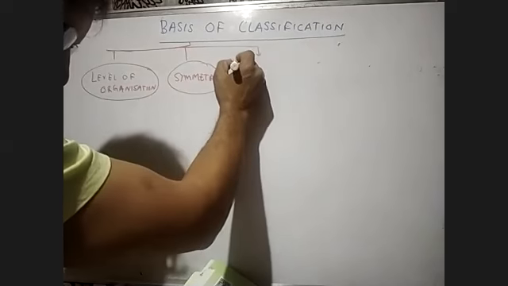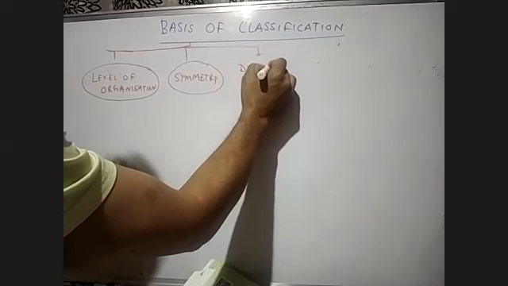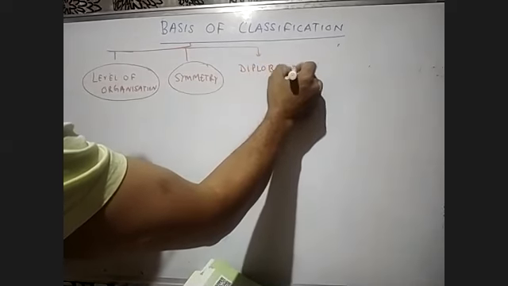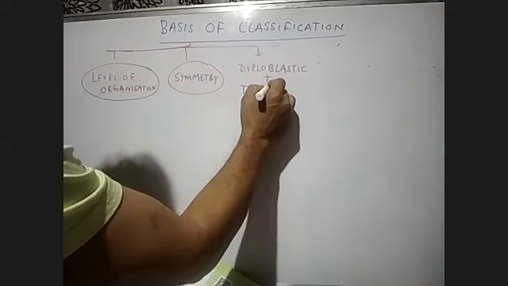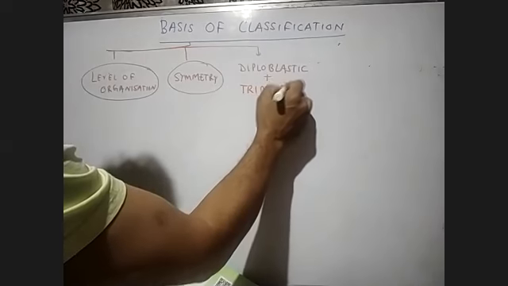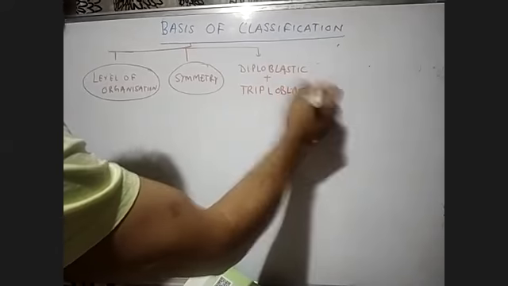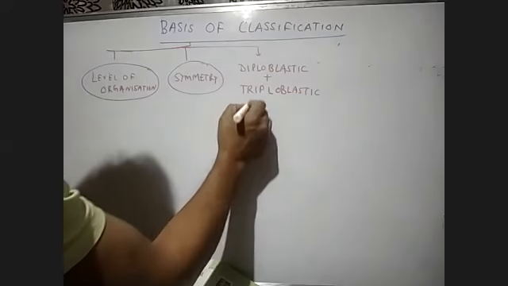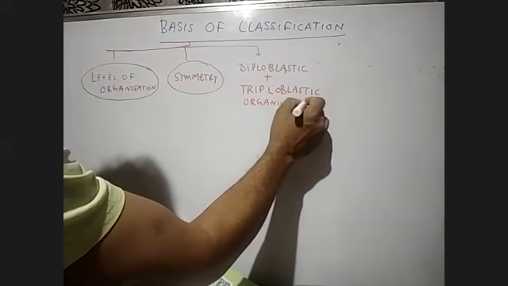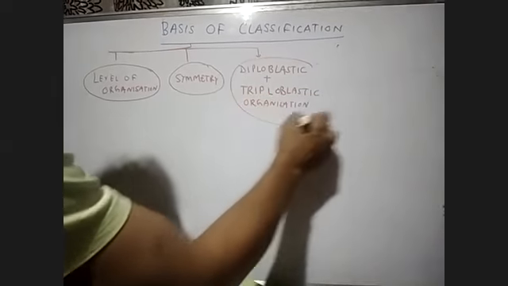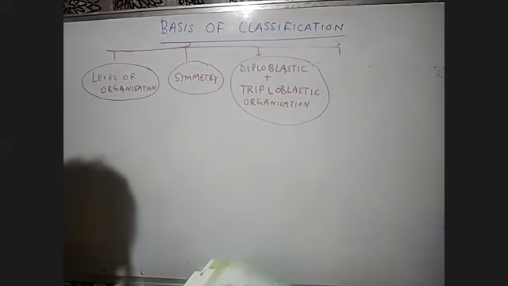The third one is diploblastic and triploblastic organization.